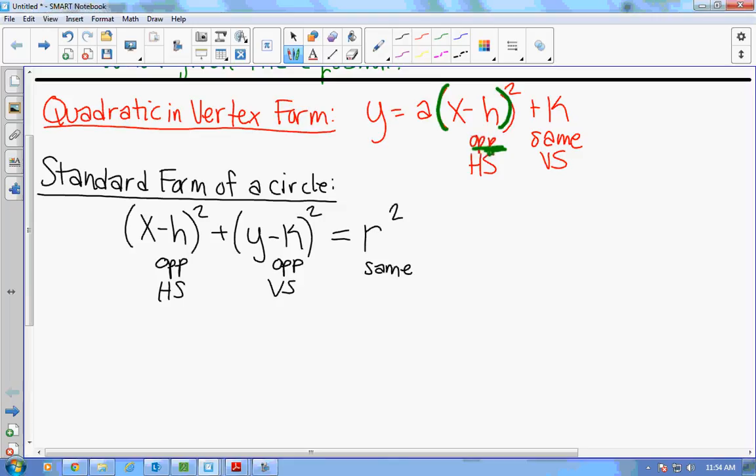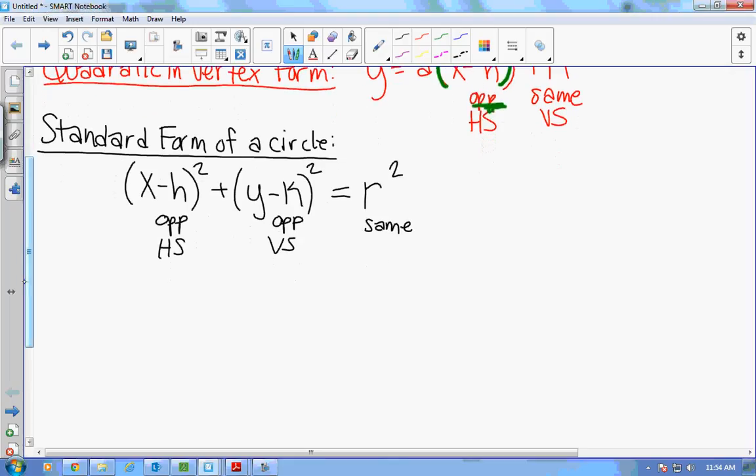So, we get two things from this. The center of the circle is a point. Opposite and opposite. So it's the opposite of h, comma, the opposite of k. Or if you like to say opposite h, opposite k.